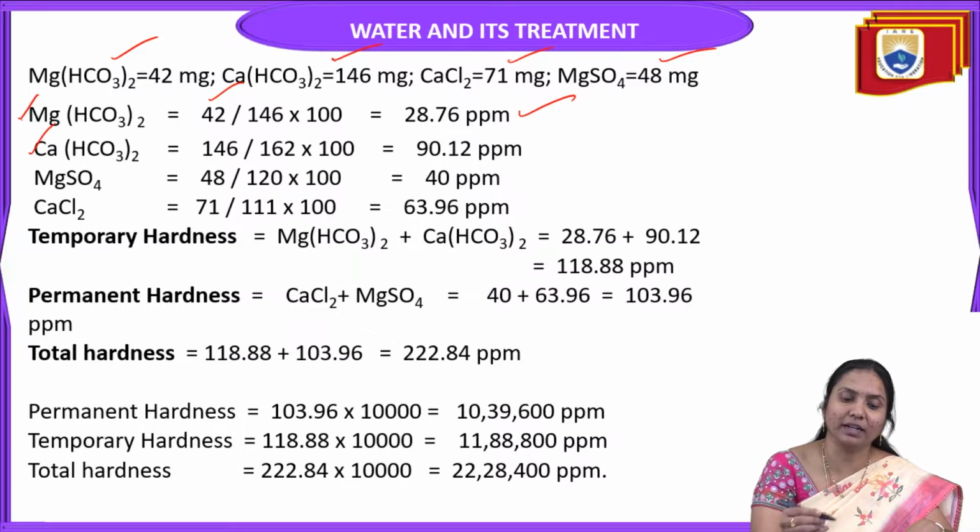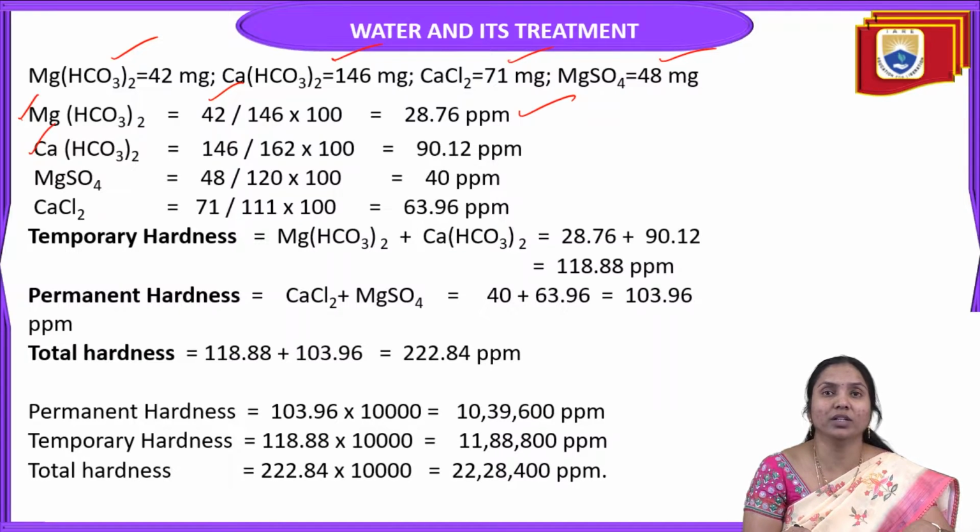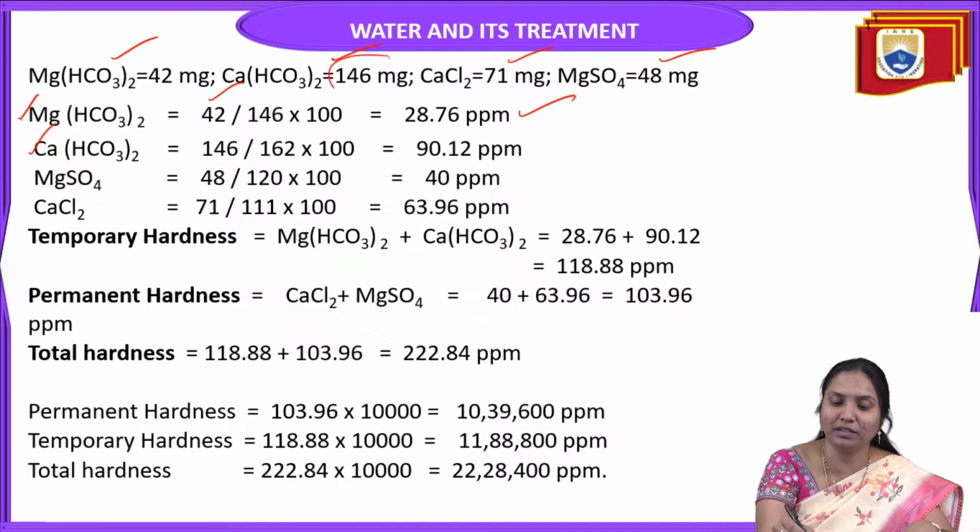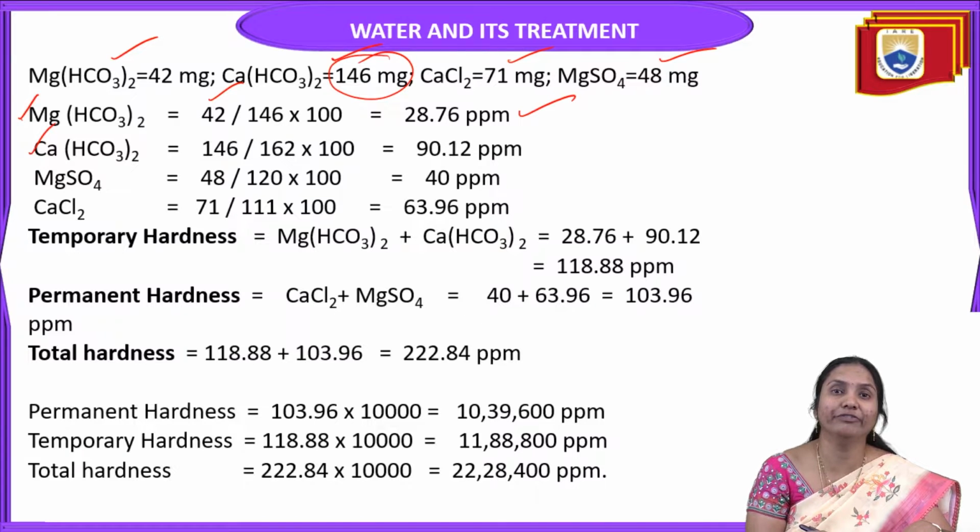Next, calcium bicarbonate. The weight of calcium bicarbonate present in the given water is 146, and the molecular weight of calcium bicarbonate is 162. So 146 by 162 into 100.